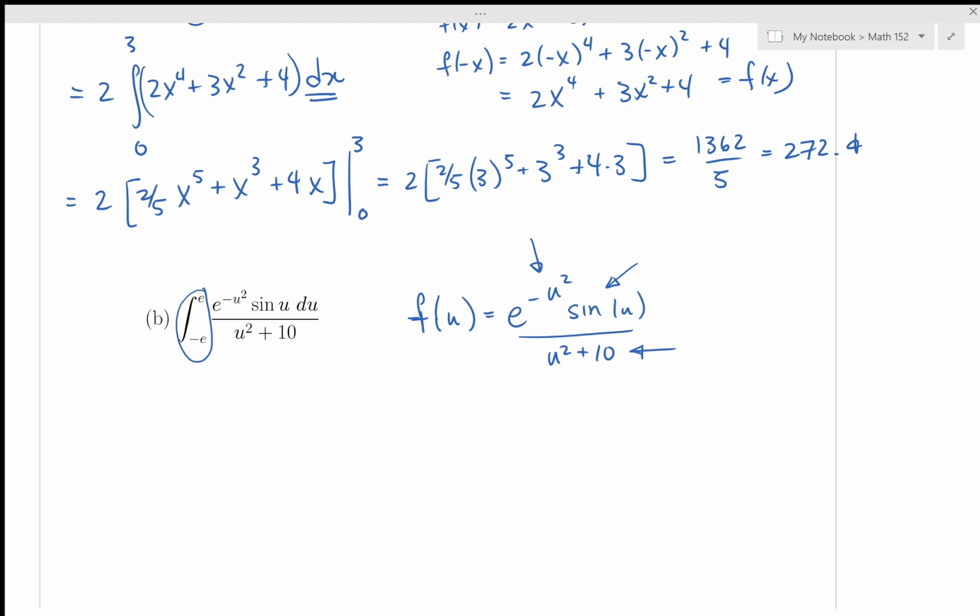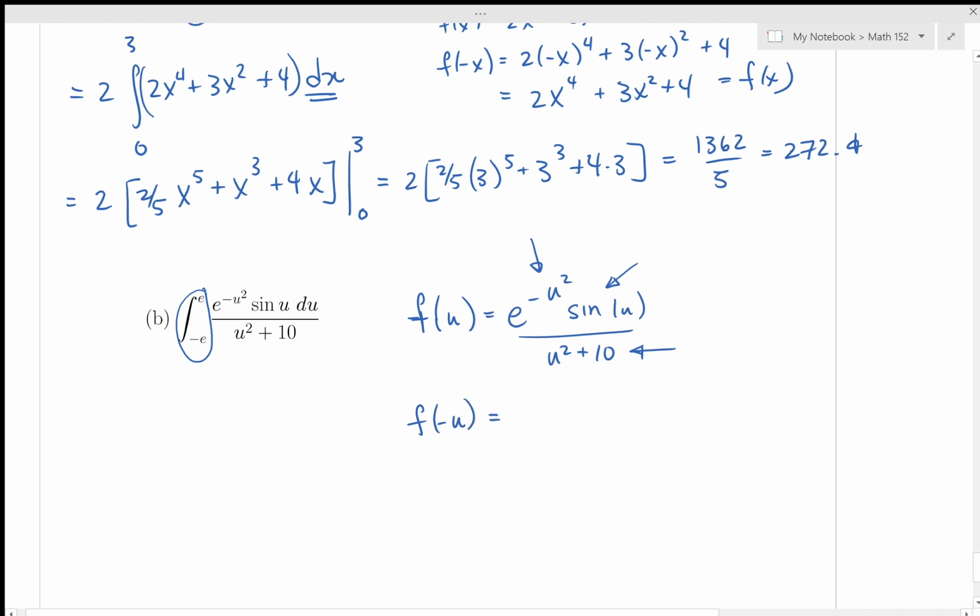I mean, it does not work like numbers. In the world of functions, even times odd times even is odd. It's not even like it would be if there were numbers. So be careful.